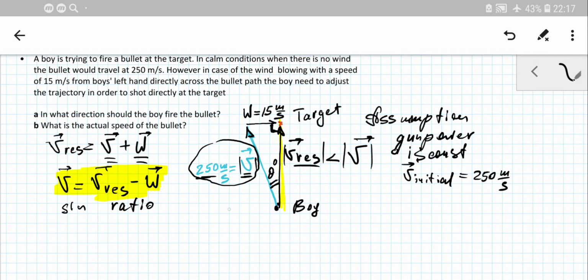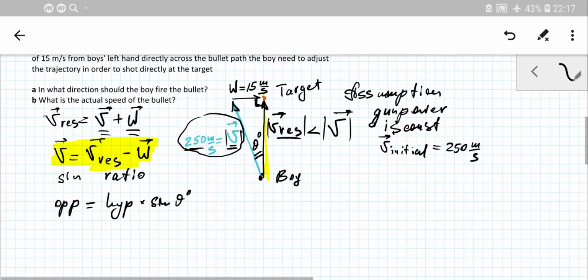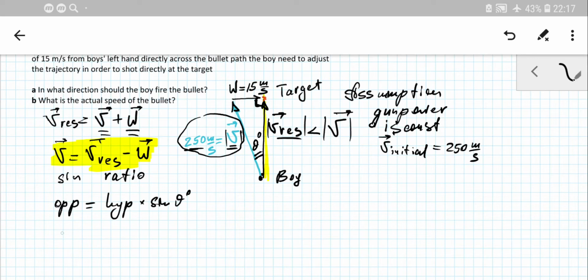We know that the opposite side, according to the formula, is hypotenuse times sine theta. So if we put in the values, the opposite side is 15, so we've got 15 equals the hypotenuse 250 times sine of theta.